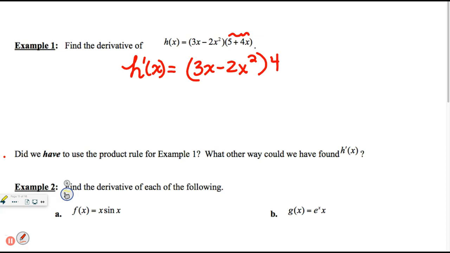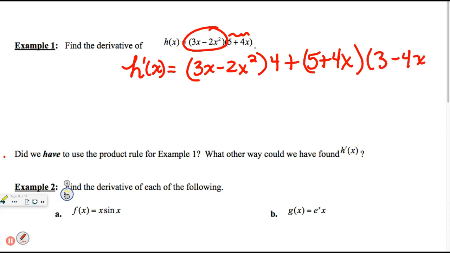There's first d second plus second d first. The derivative of 3x minus 2x squared is 3 minus 4x, using our power rule from a couple days ago. We'll clean it up, distribute, lots of pre-algebra stuff in here as well.